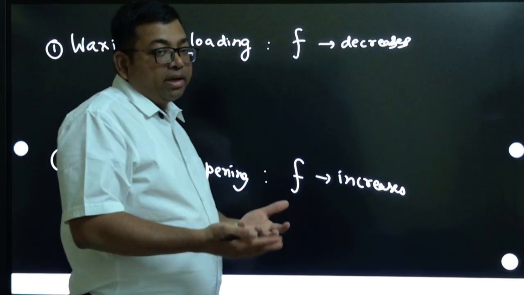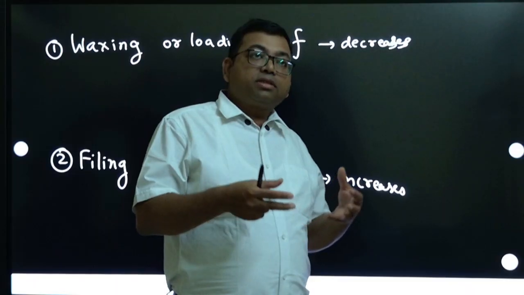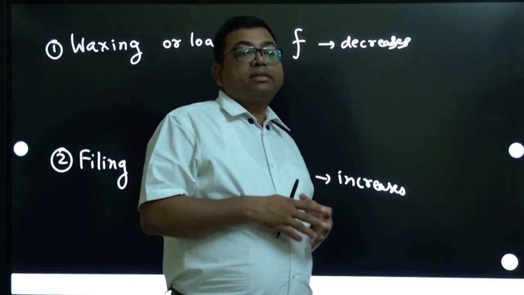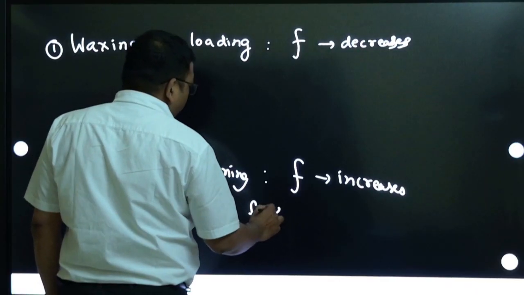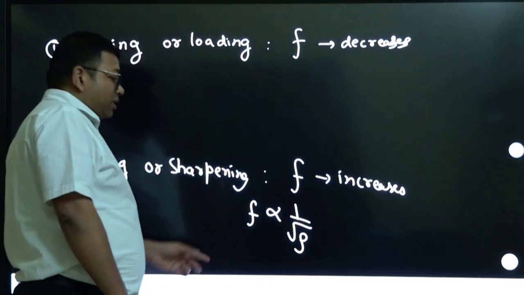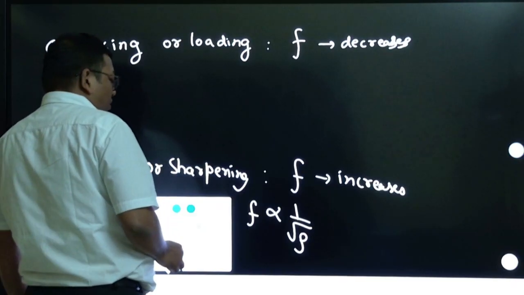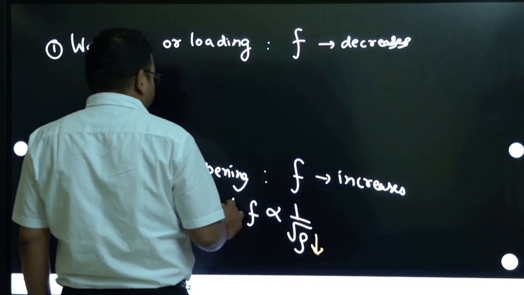Why? Because for a wire also, when the mass changes, mass per unit length or density will be decreasing. As density decreases, the frequency will increase, because the frequency is proportional to, you can say, one by root of density. So when you reduce mass or density, the frequency will increase.